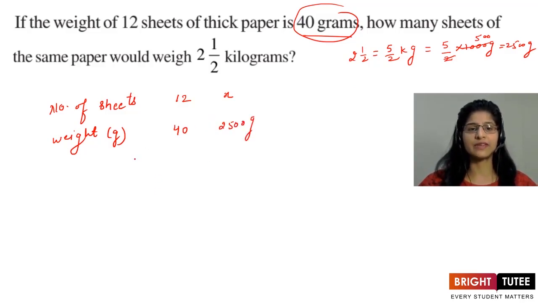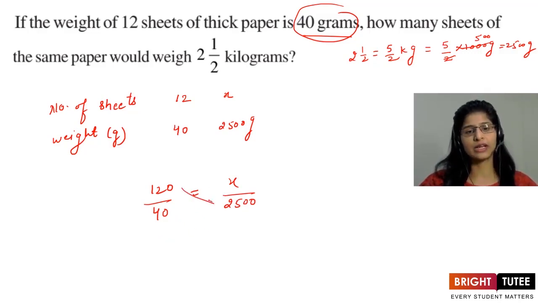Now to calculate, definitely when the weight is more, the number of sheets is also going to be more. So 12 upon 40 can be equated to x upon 2500 because this is a case of direct proportion. Now solving it, what are we going to get? We get 40x is equal to 2500 into 12.